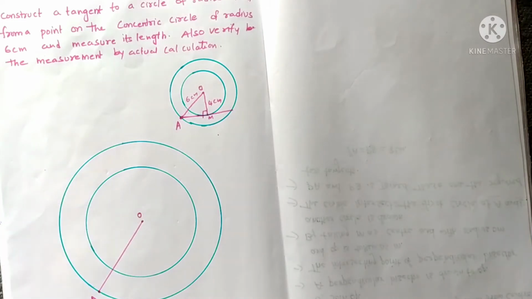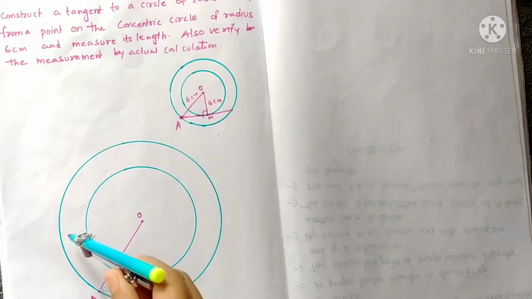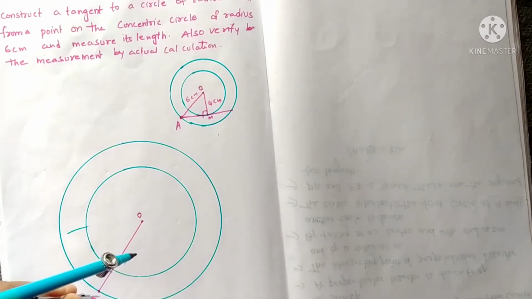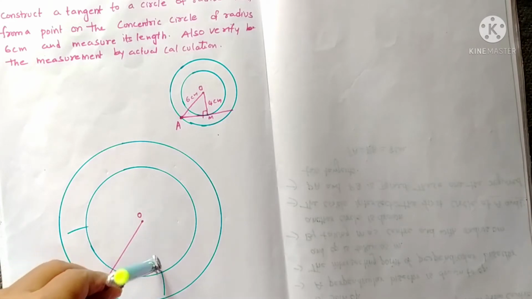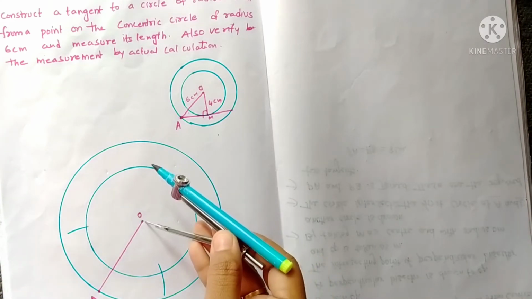With the scale. Now, what is the process of drawing tangents to a circle? First, we have to draw a perpendicular bisector to this OA. Taking more than half, draw two arcs from above and below to this OA line.